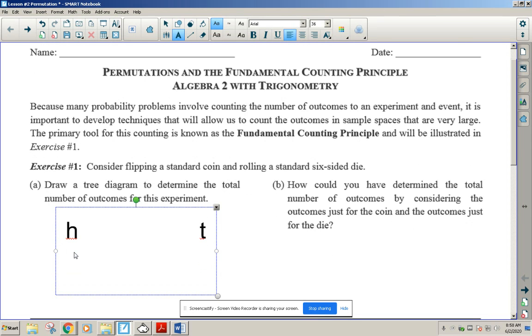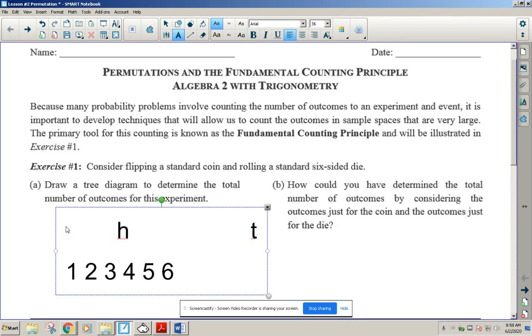Now, think about this. If I were to have rolled the die, I could have gotten a 1 or a 2 or a 3 or a 4 or a 5 or a 6. And all of that could have happened if I got heads first on the coin.